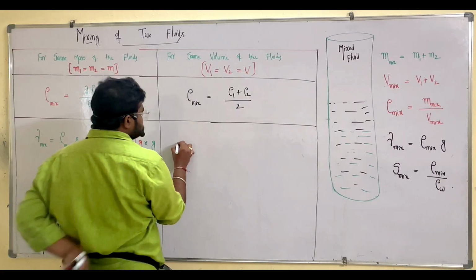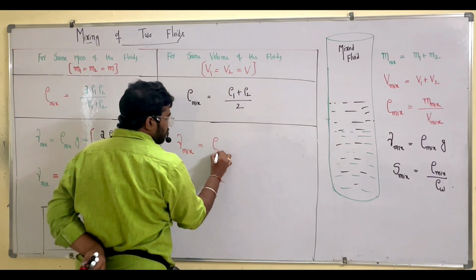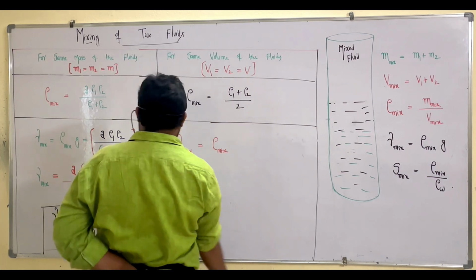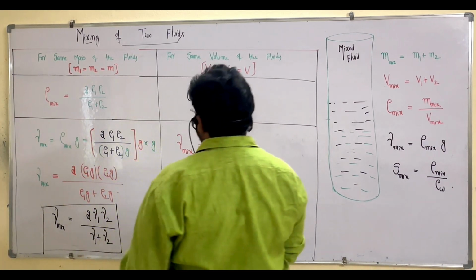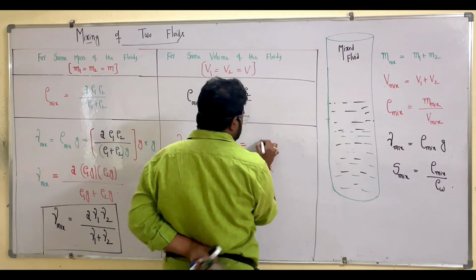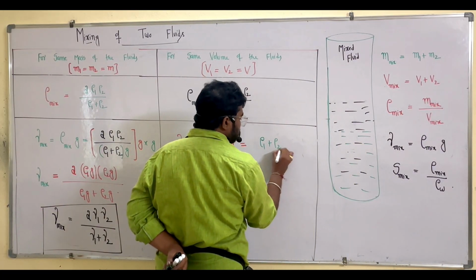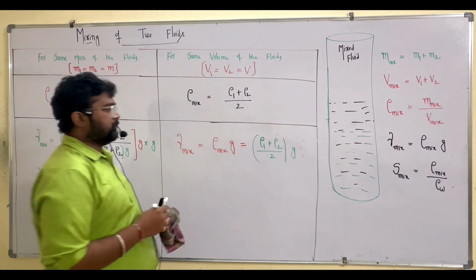Now tell me. Gamma mixture equal to rho mixture into G. Then what are we getting?